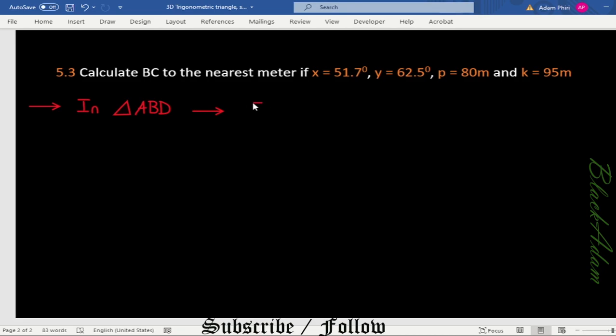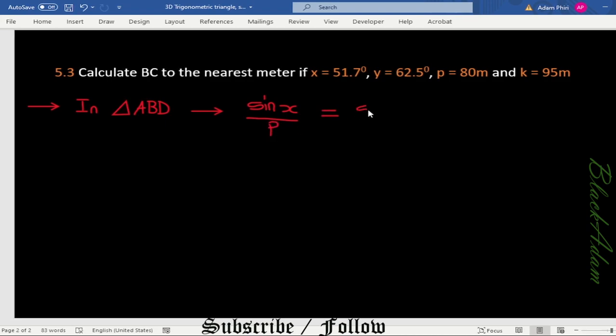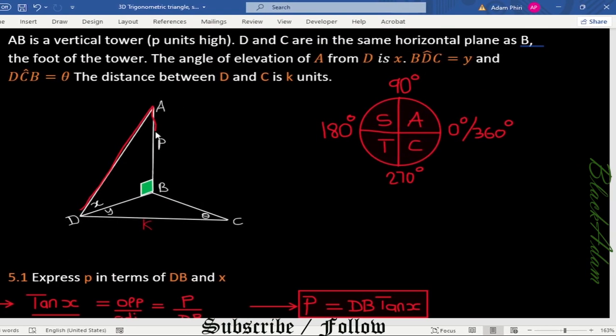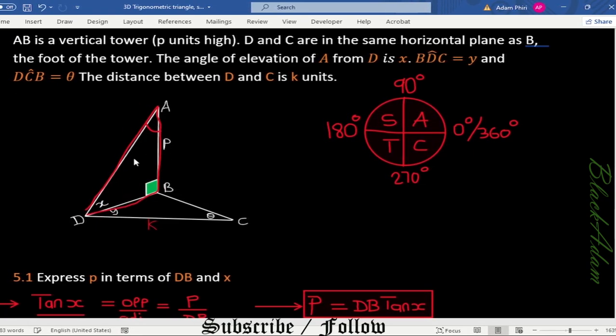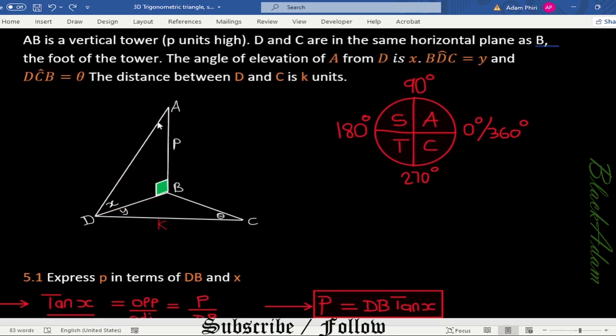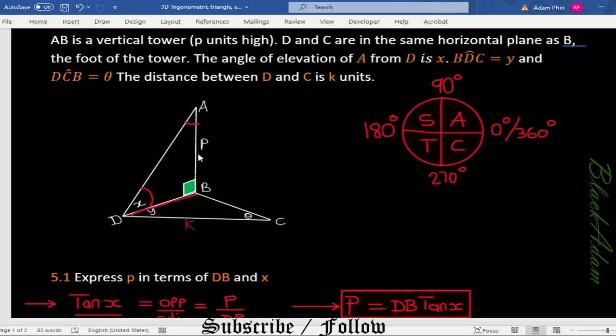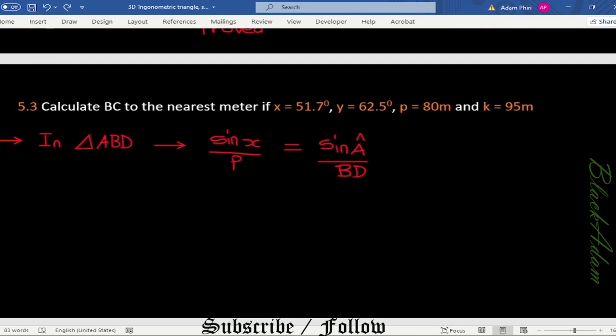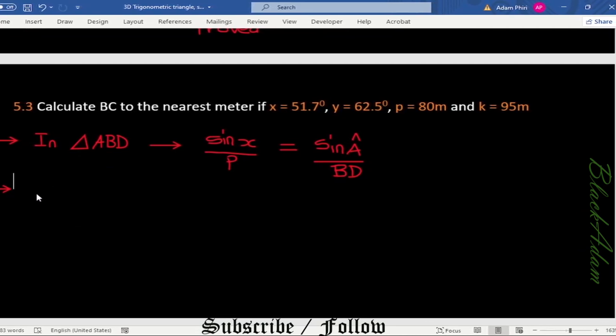We know that we have sine x over P is going to give us sine A over BD. Now let's go find what our sine A is. Remember that x, okay, let's look, we have x there and then we have P in that side, so what will be equivalent of angle A. So finding angle A first.